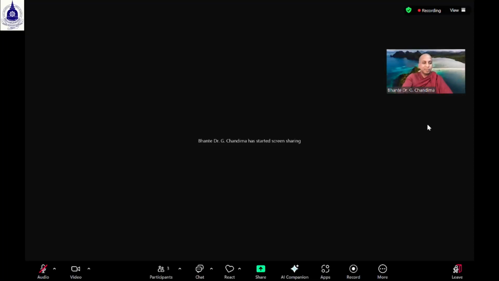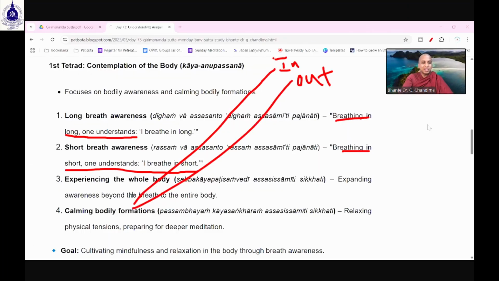Sometimes when you have a different kusala experience or an akusala experience, you may go through a long breath or a short breath. And while you are doing that, at the same time, you may scan the body, experience the whole body, expanding awareness beyond the breath into the entire body.